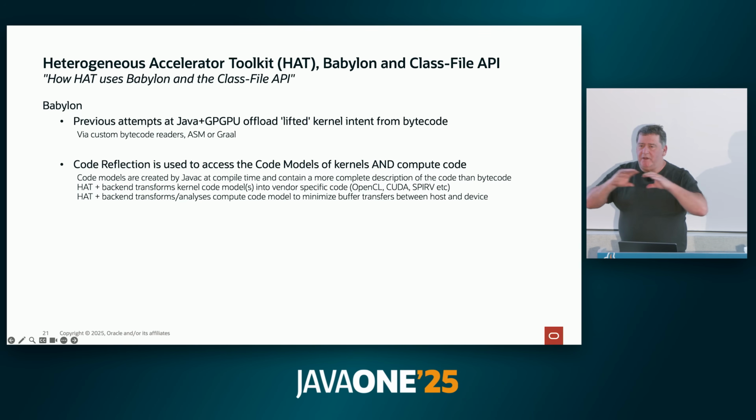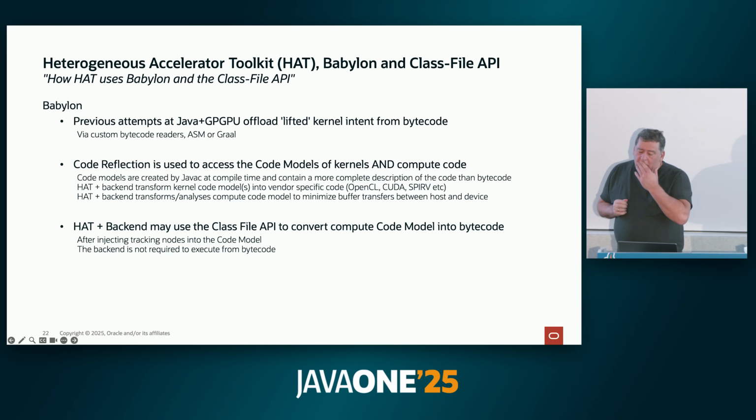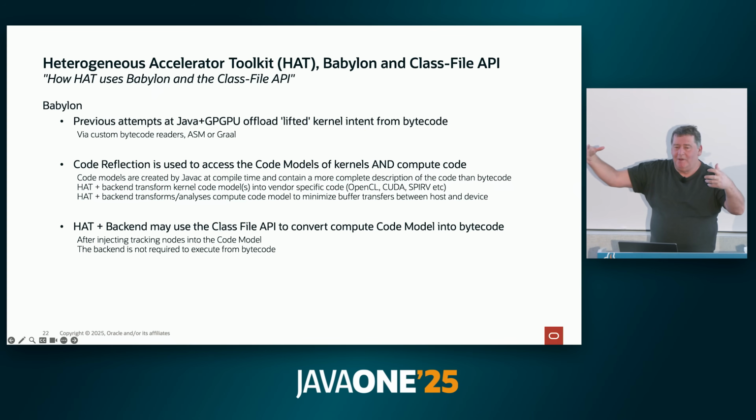But there's another layer that we've introduced, which is you have normal Java code, you have compute code, and you have kernels. And by exposing that compute middle layer, we now get to extract real performance out of the GPUs, because we know the order in which kernels are going to be executed. The thing that's really interesting, that we've not mentioned earlier, is that Babylon not only can give you a code model, you can transform that code model into some other code model, but right at the end, you can say, okay, I'm done with it now.